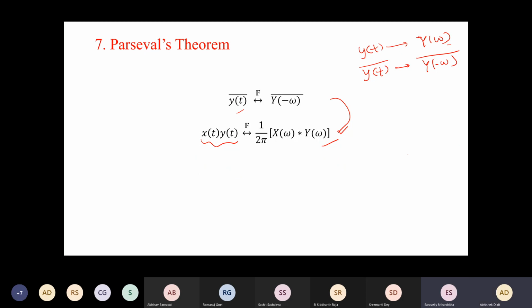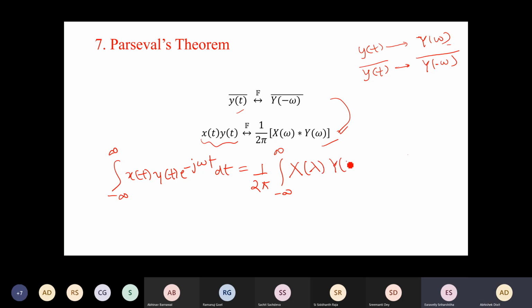Let me start from here: integral of x(t) y(t) e to the power minus j omega t dt. This is the same as 1 by 2 pi integral of X(lambda) Y(omega minus lambda) d lambda, right? Using this property.